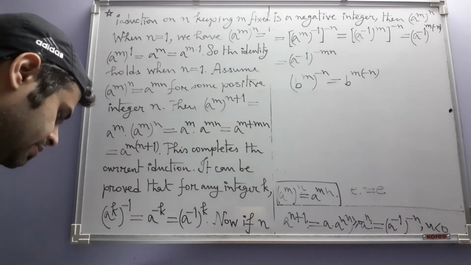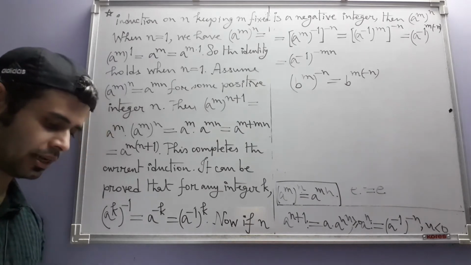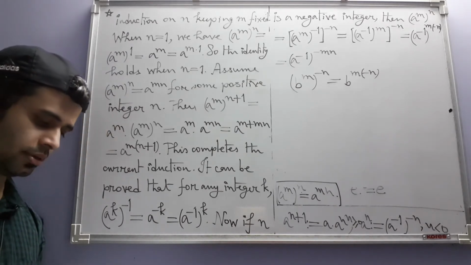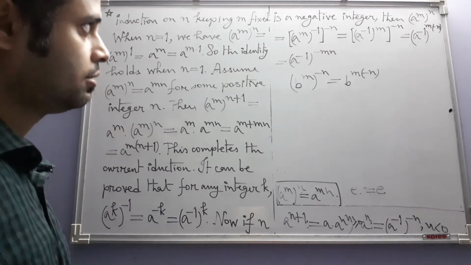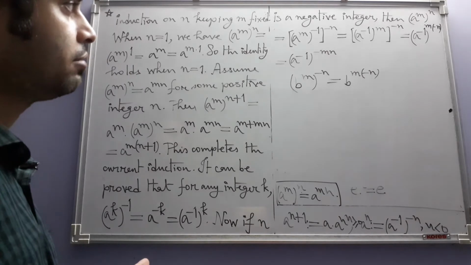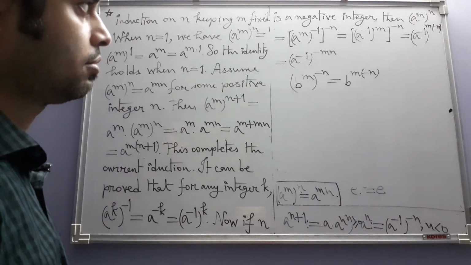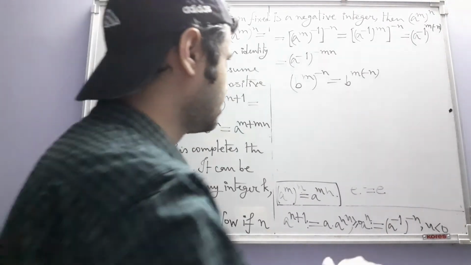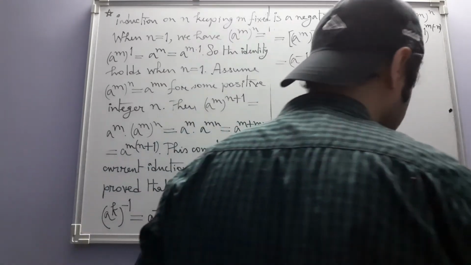Now after this, how did I write a to the power mn directly? Directly I cannot write a to the power mn because m can be negative also. Now cases will appear. So what I have done here is wrong. At the last step I have committed a mistake.